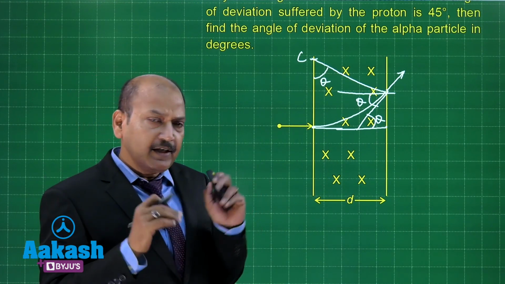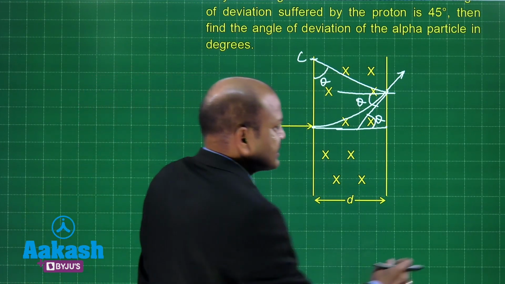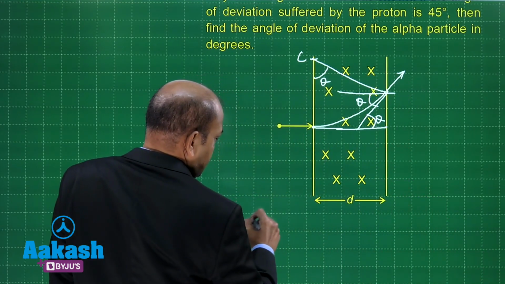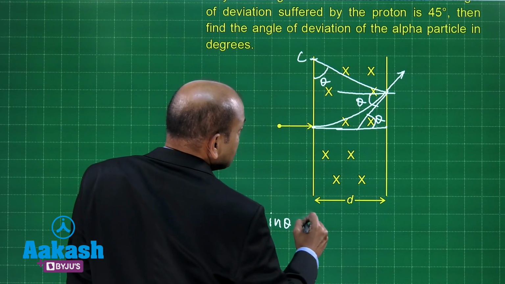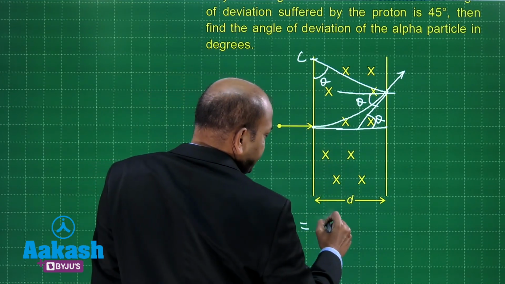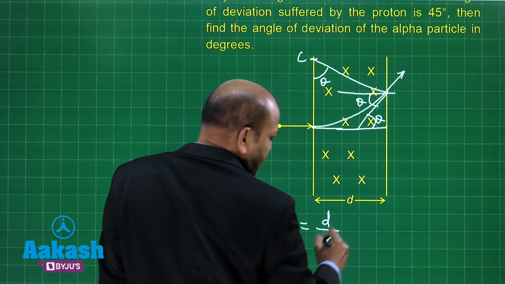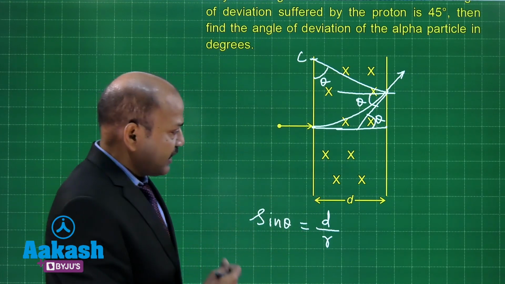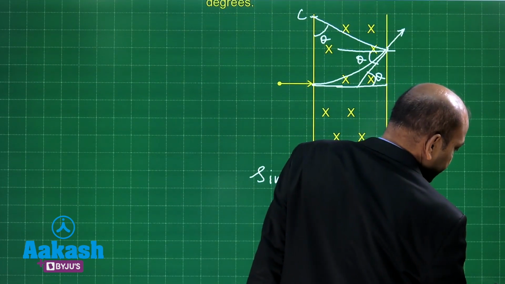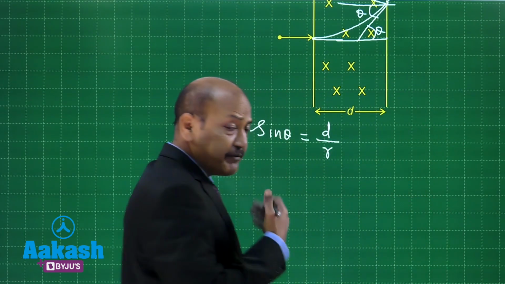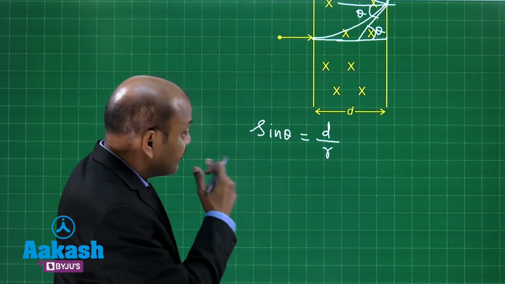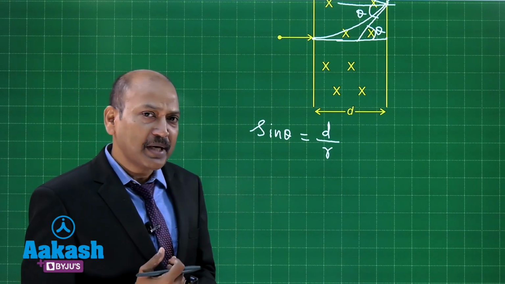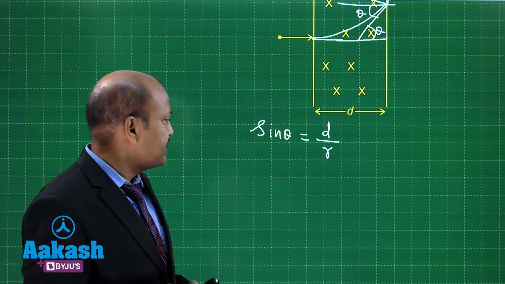So, once that is clear, we can see that the expression for sin theta is equal to d divided by the radius of curvature of the path taken by the particle. So, that will be a basic equation which we can use to find the deviation suffered by the other particle, the alpha particle. All right, d is the same for both the particles, r will be different in general.